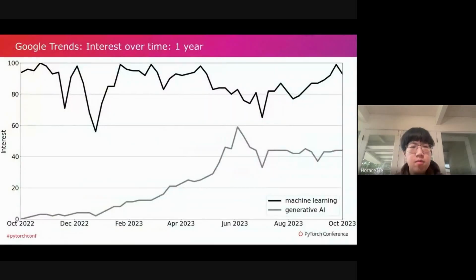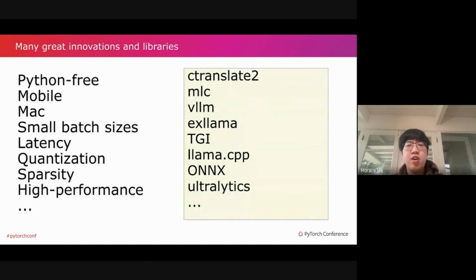So, as I'm sure many folks are aware, generative AI has completely taken off over the last year. It's become the only thing that anybody talks about in many cases. And so there have been a lot of really great libraries for transformer inference. And for generative AI, there are a lot of different requirements that people want.